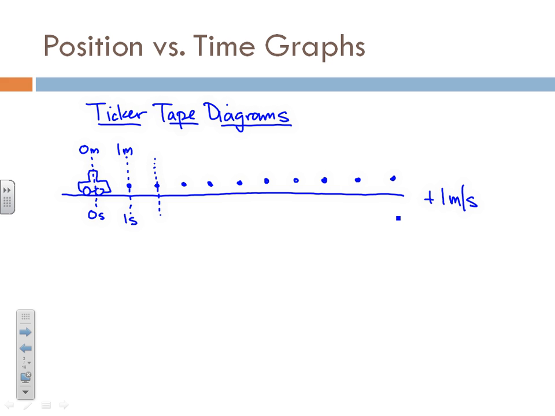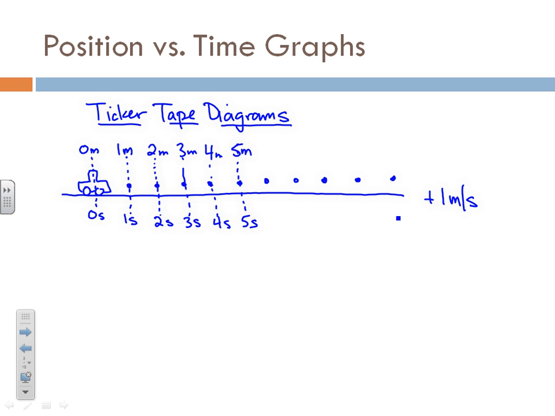So my next position at 2 seconds might be 2 meters, 3 meters at 3 seconds, 4 seconds, we have 4 meters. We could do this for a long time, but I'll stop here at 5 seconds. The object is moving at that nice constant rate, and so the dots are nice and evenly spaced out.